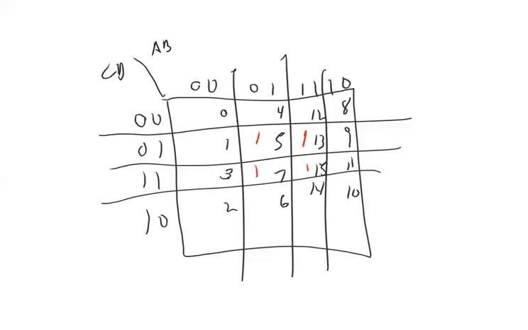I got 1s in the corners. I got 1s in opposite sides here, and the 0s are all green. And that's what I got, I think.